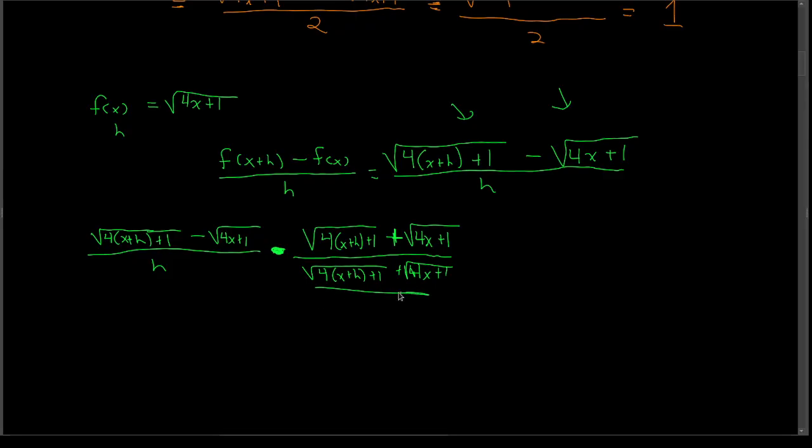Because now this big chunk of stuff here is the number 1. So I'm multiplying it by the number 1. What I'm hoping for is this became a difference of squares.